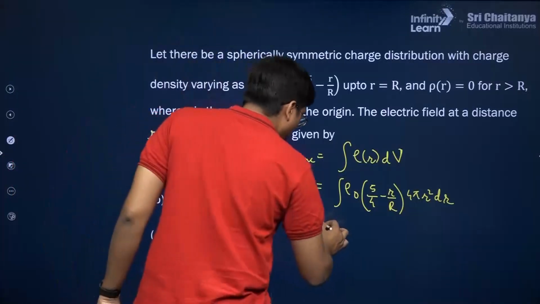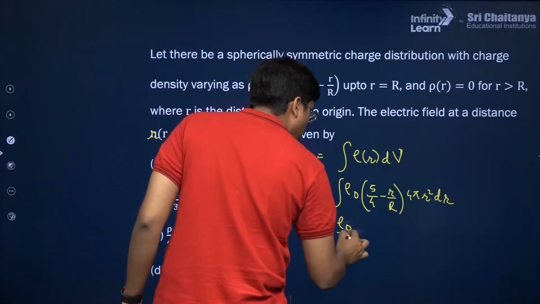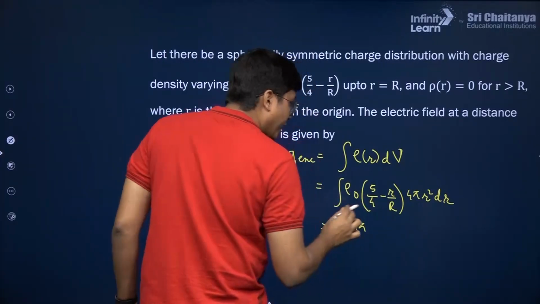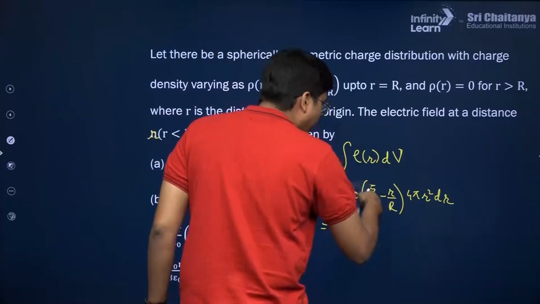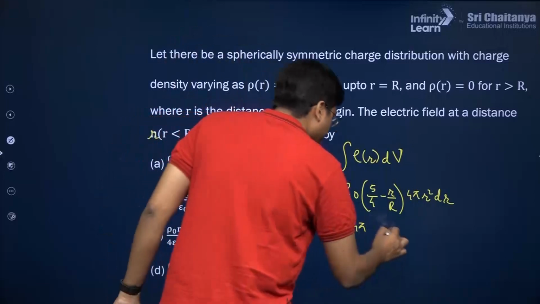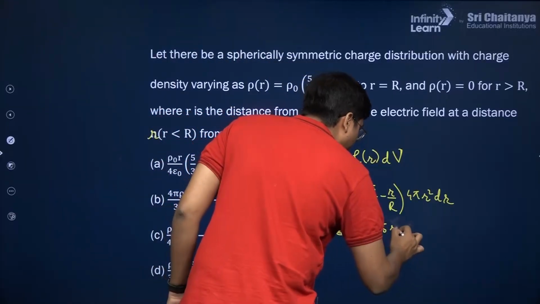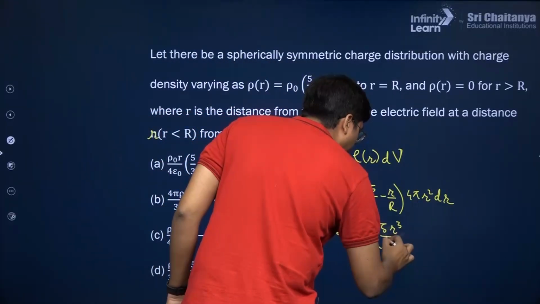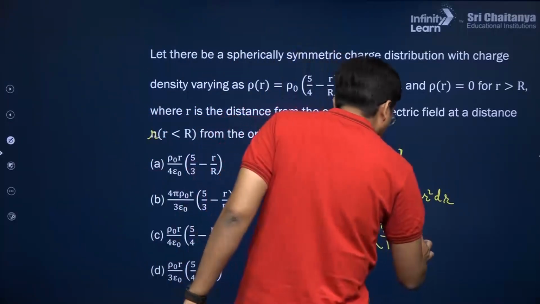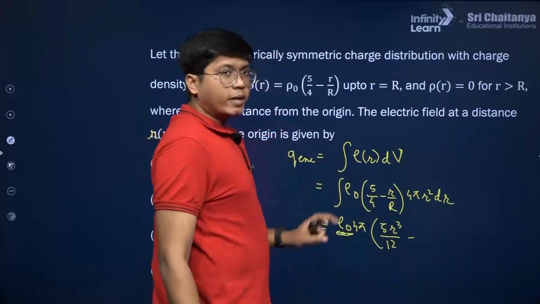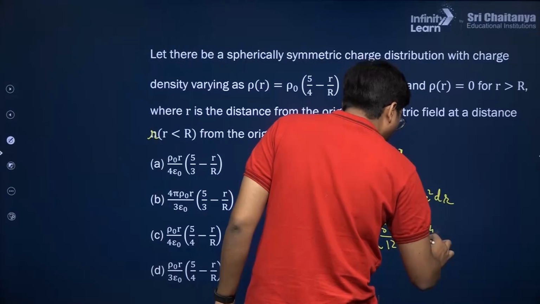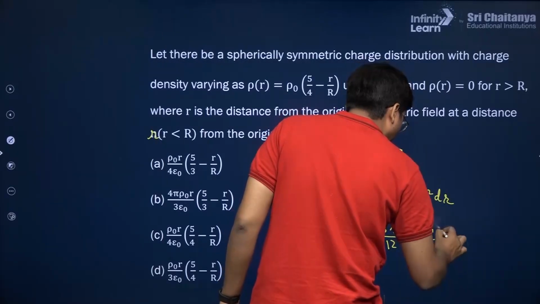When we integrate, what do I get? I can take rho naught and 4 pi out. Inside, when I integrate, I have 5 by 4 r square, that is going to give me 5 r cube divided by 12, because r cube by 3 into 4 would be 12, minus r into r square would make it r to the power 4, so you would have r to the power 4 divided by 4R.